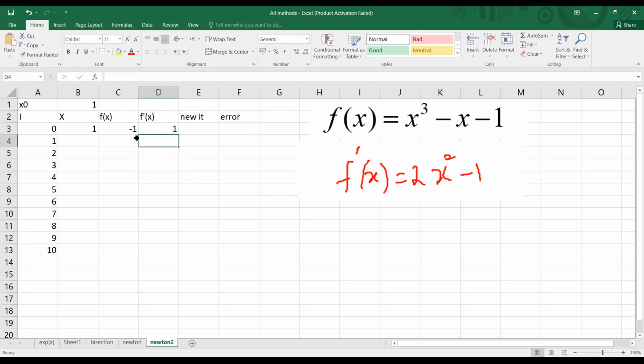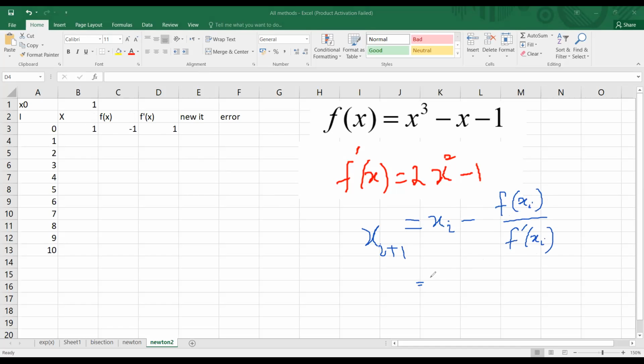New iteration, what will the formula of the new iteration be? x(i+1) is equal to xi minus f of xi divided by f dash xi. If I write this as xi, xi is in cell B3.